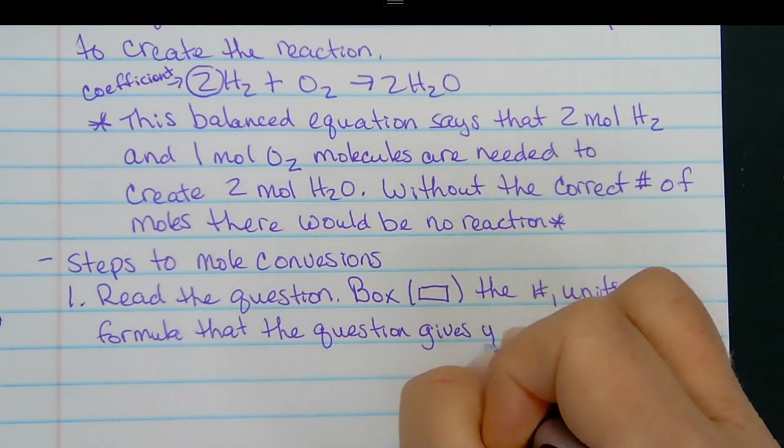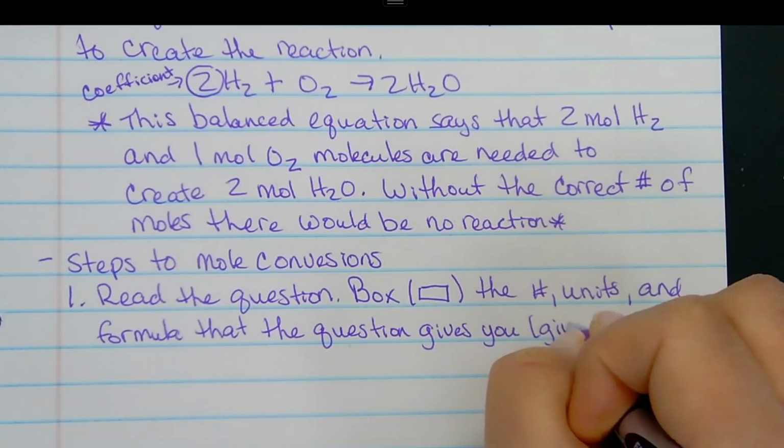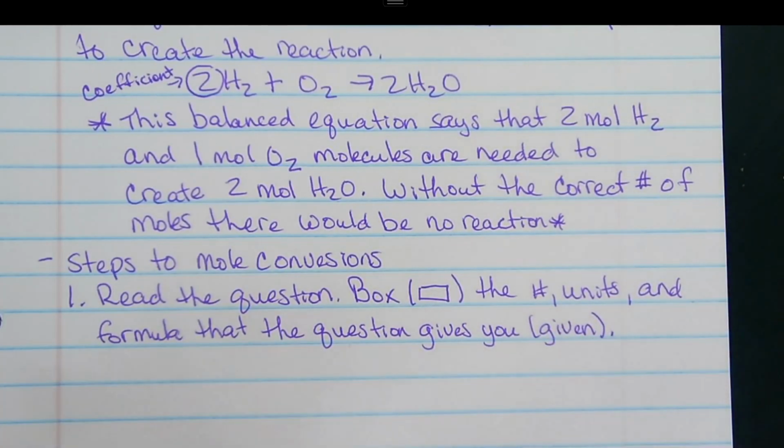And we're going to call this, just for short, the given. So this is the number, the units, and the formula that the question gives you. What does it make you start with, okay?